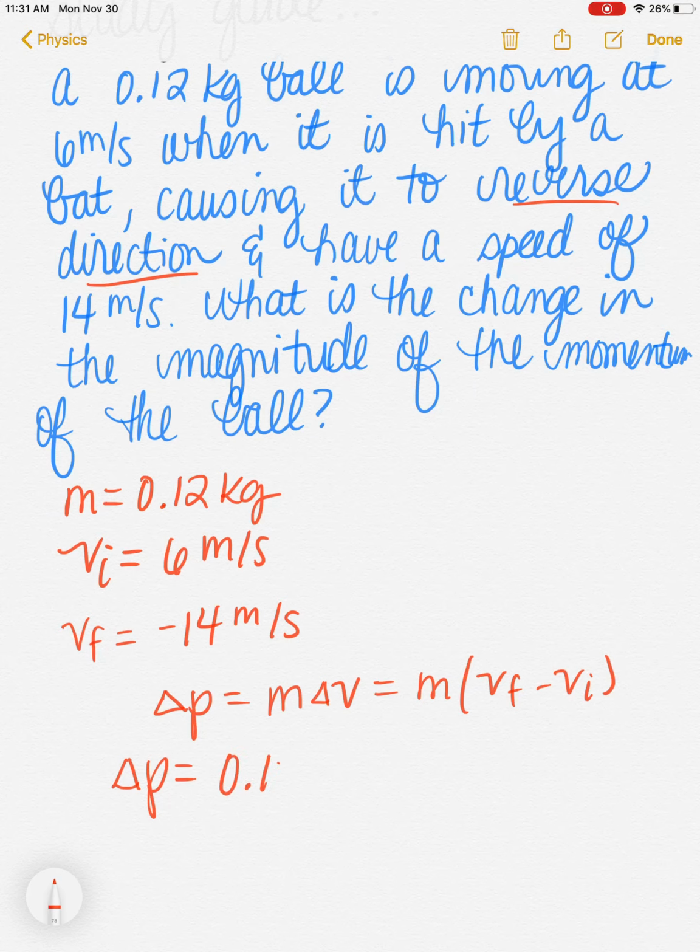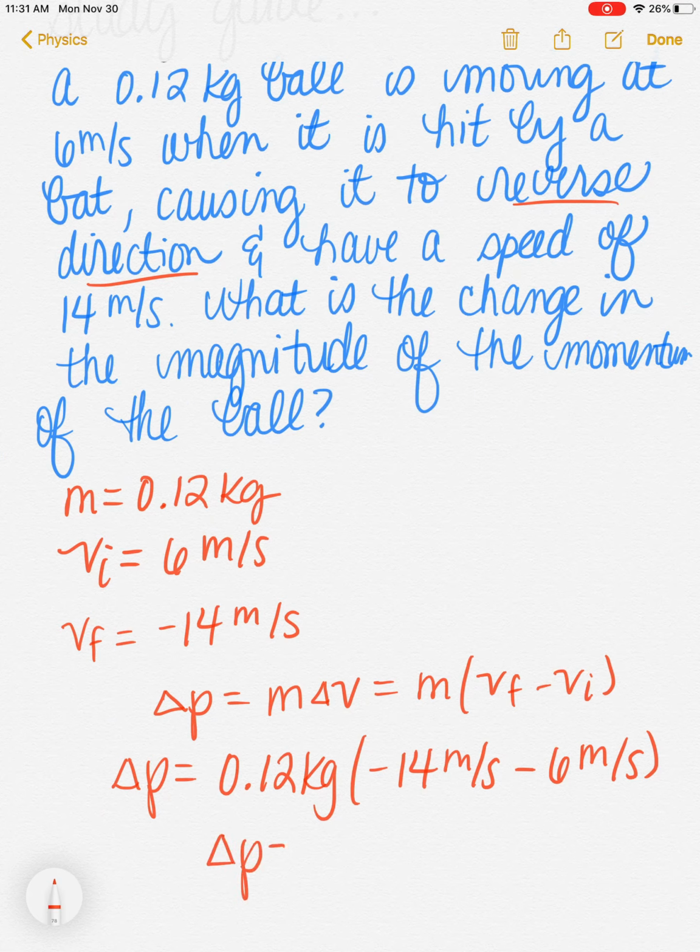I'm going to take the 0.12 kilograms times the quantity, negative 14 meters per second, because it's always final, minus the initial, which is 6 meters per second. And when we do that, we get a value of negative 2.4.